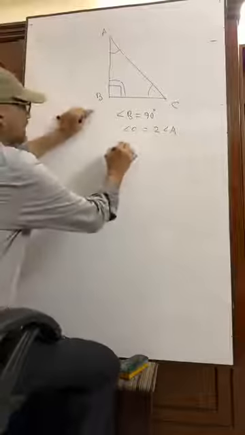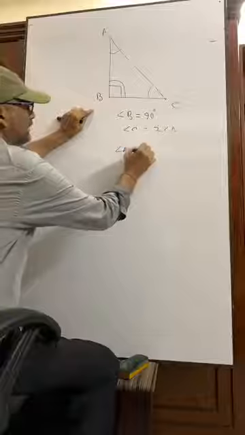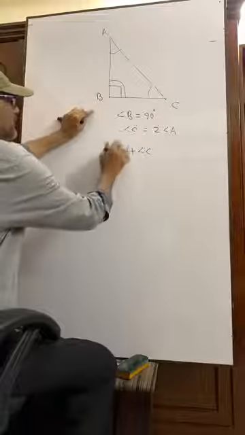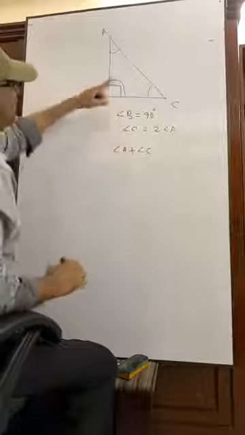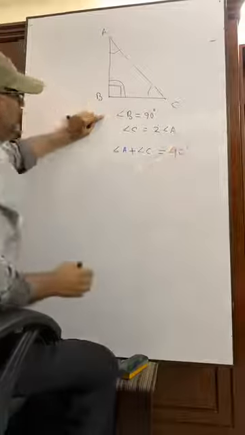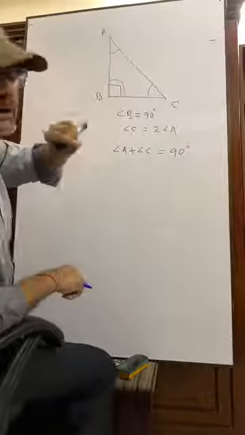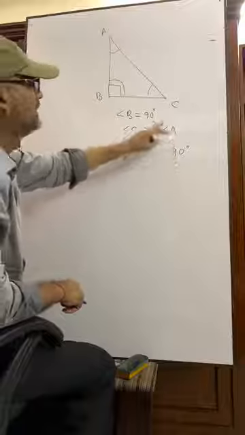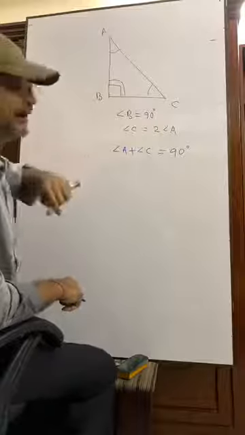That is, angle A plus angle C will be equal to 90 degree. The sum of three angles equals 180 degree: A, B, C, 90 plus 90 equals 180 degree.